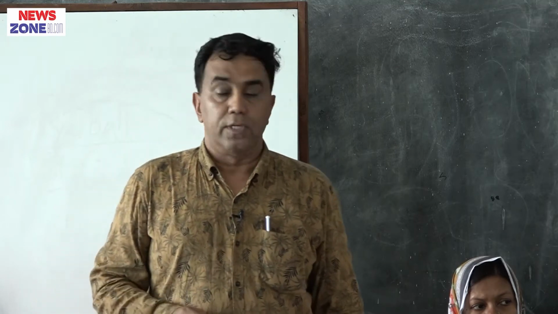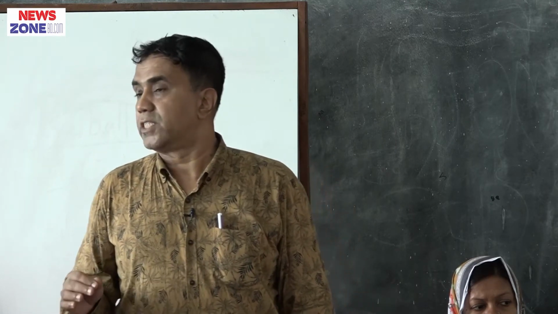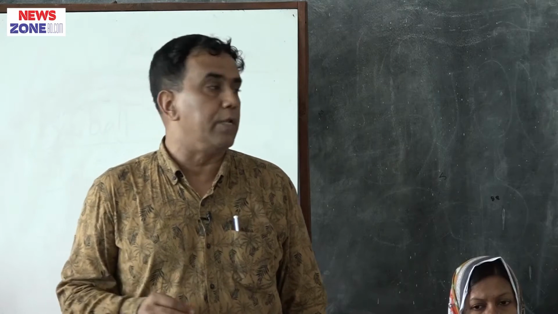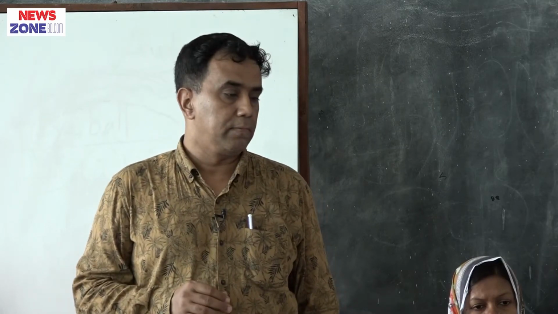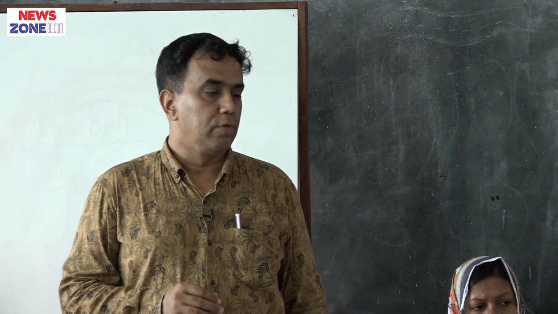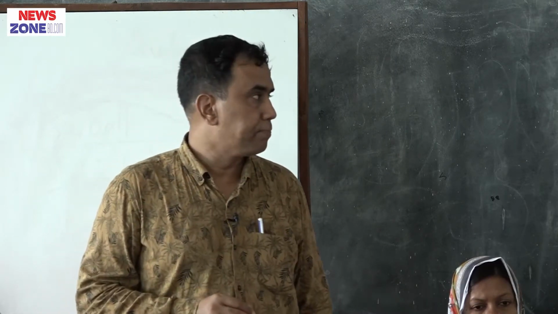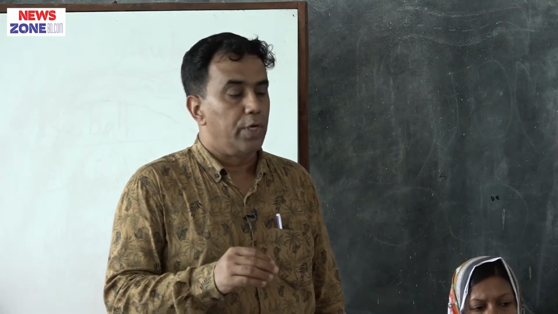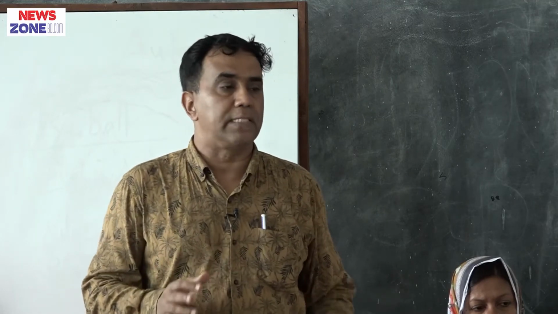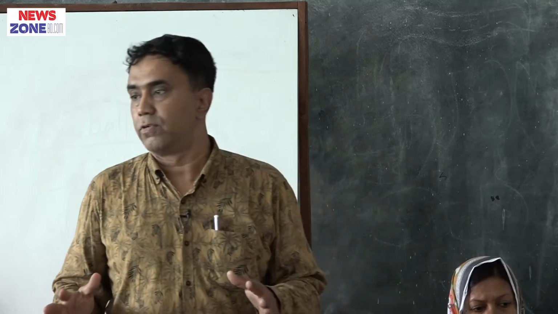And number 2, the non-excitable supporting cell, called neuroglia. So, neuron and neuroglia are the basic fundamental cells of nervous tissue.